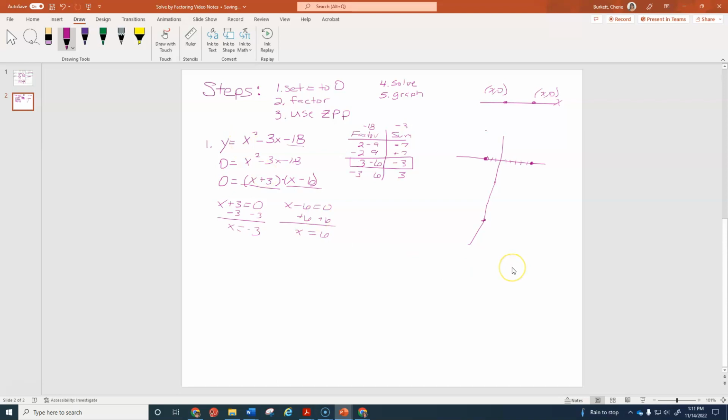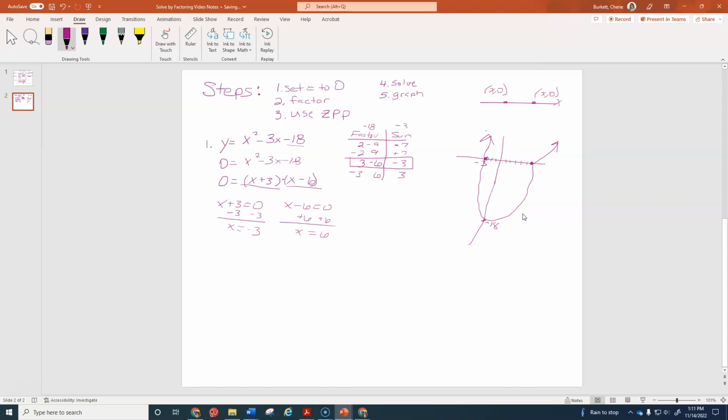But with these 3 points right here, I really have enough information. Drawing on this tablet is super hard, but I really have enough information to get a decent graph drawn.